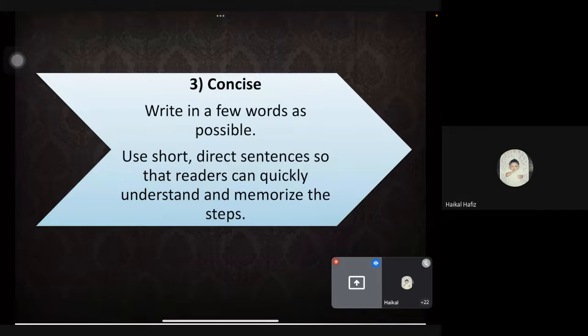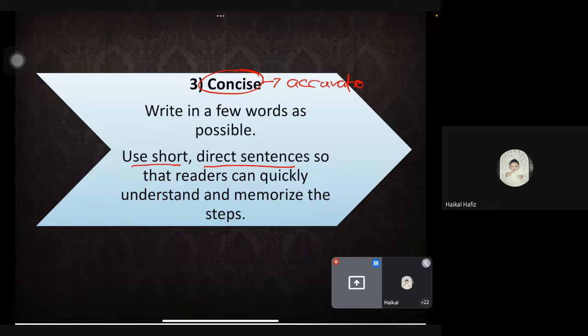Make sure that the contents are concise. Concise meaning accurate. Write in as few words as possible, meaning fewer words, but make sure that it is accurate. Then use short, direct sentences so that the readers can quickly understand and memorize the steps.